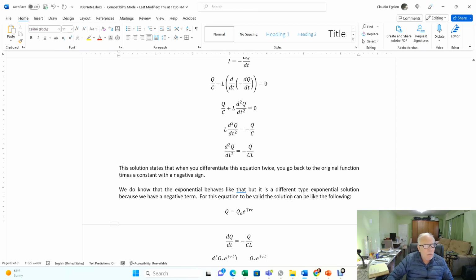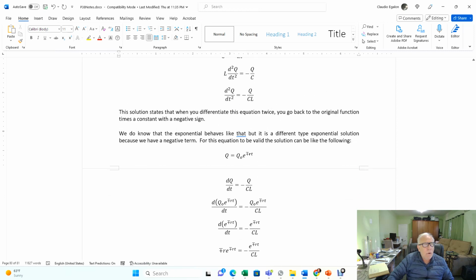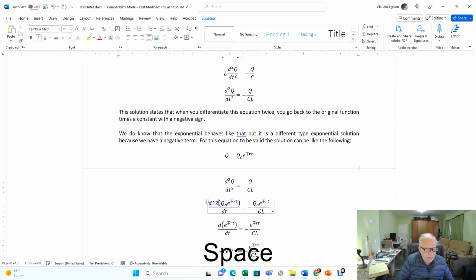So let's assume that this differential equation does have this exponential solution, Q naught e to the plus and minus RT, where R is an unknown term. Let's see if we can find out first if this solution satisfies the equation. It's going to satisfy, but then what would be the value for R? So we start again with the second derivative here. Don't forget we have a second derivative here as well.